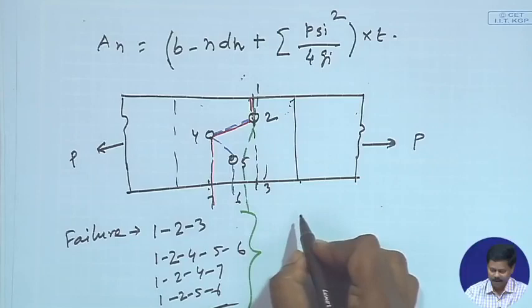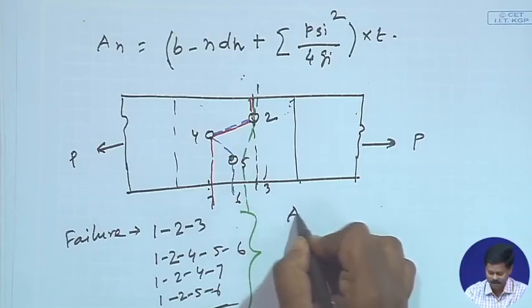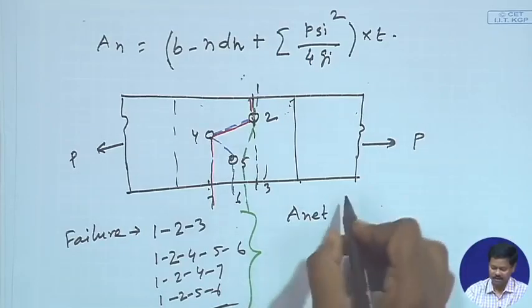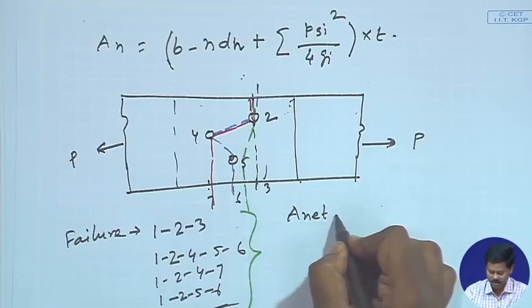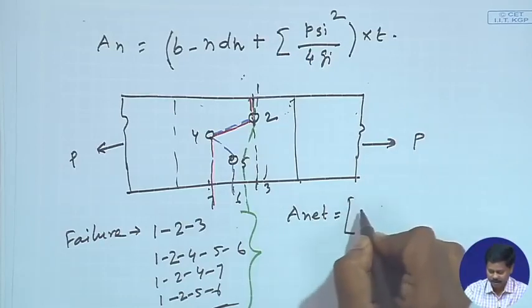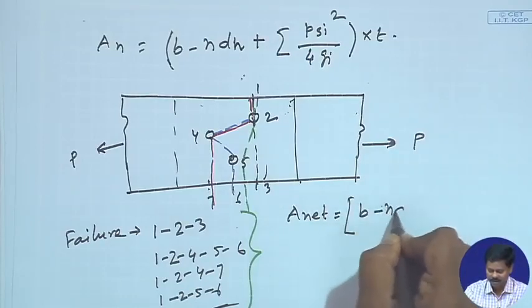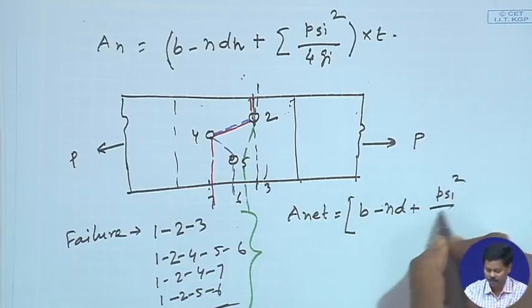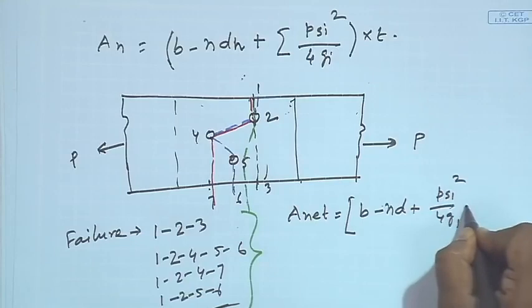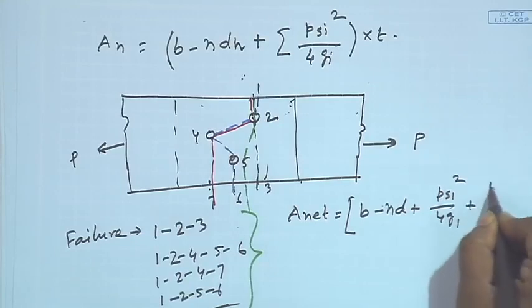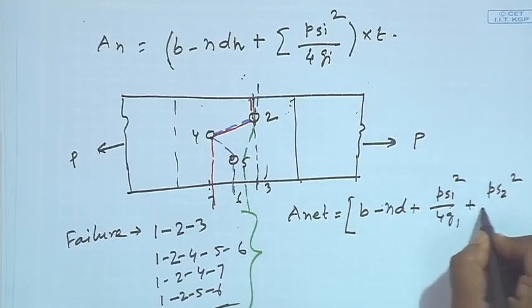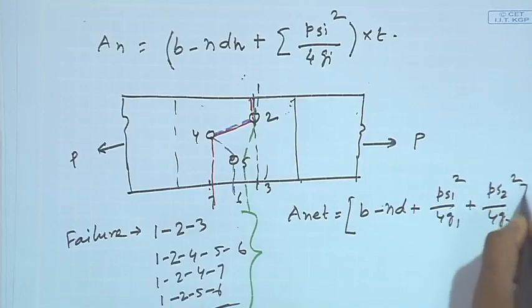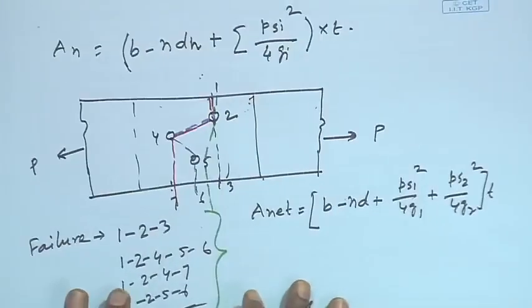How do I calculate the net area in this case? A net will be B minus N D plus P S 1 square by 4 G 1 plus P S 2 square by 4 G 2, into T, right.